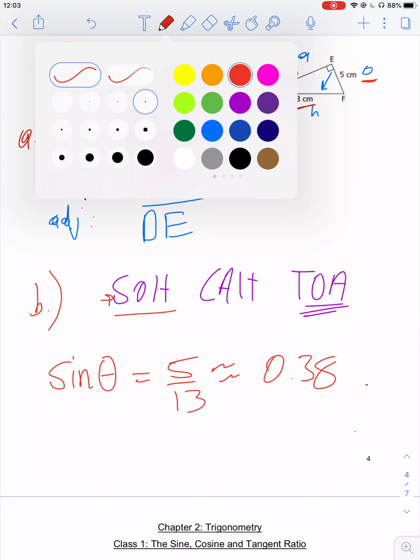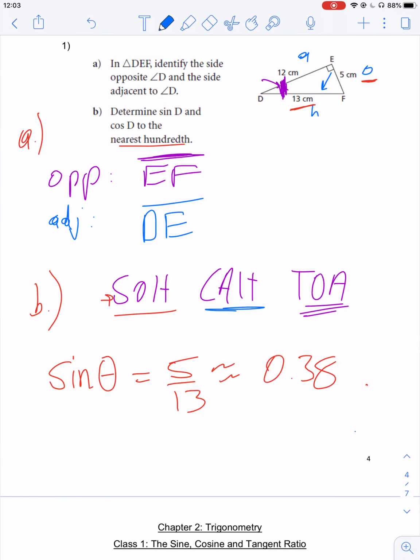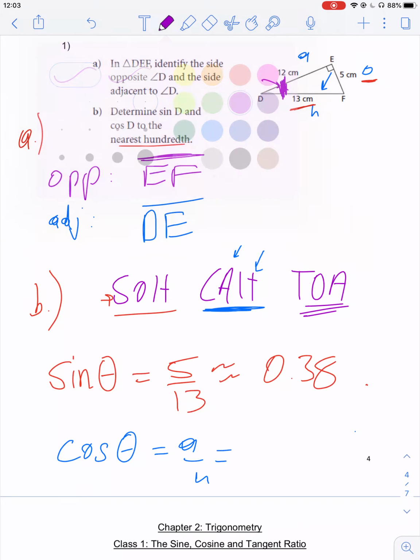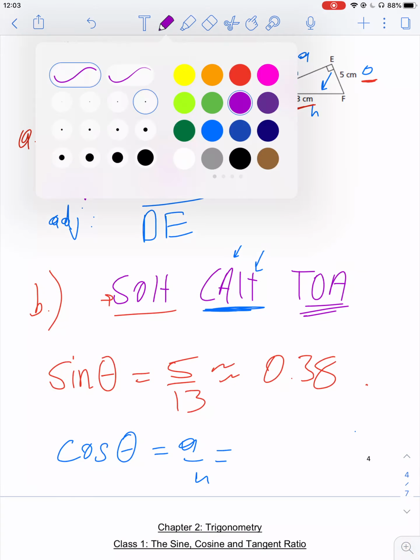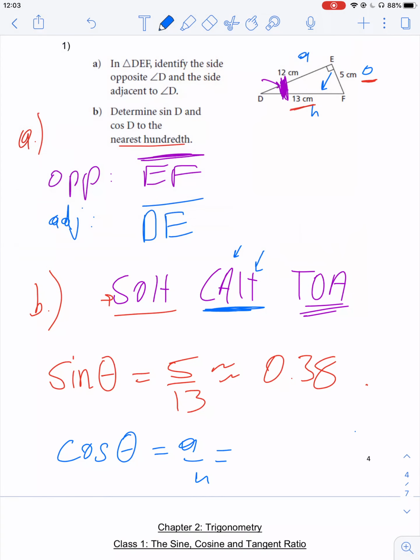And then finally, cos of my angle is equal to the adjacent side divided by my hypotenuse. The adjacent side to the angle in purple, this angle, I've already labeled in the picture, is actually 12. And your hypotenuse is still 13.